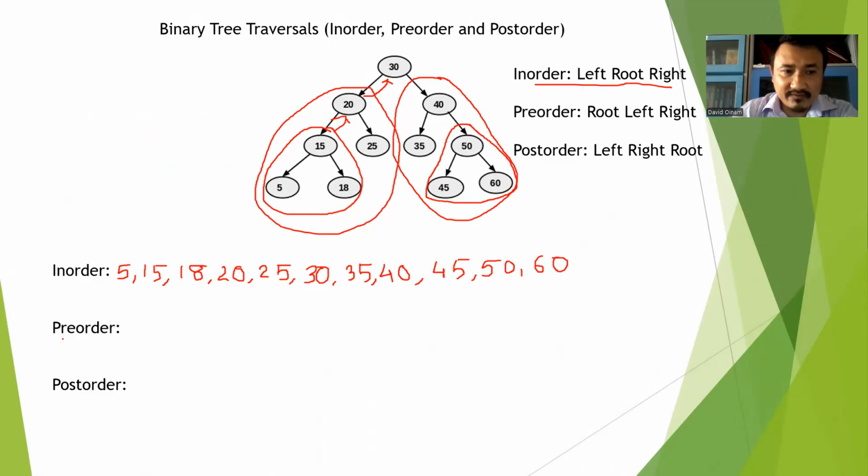Again, we are going to find out the pre-order traversal. In the pre-order traversal, it is root, left, and right. So first we are going to write the root. Let me clean this one.